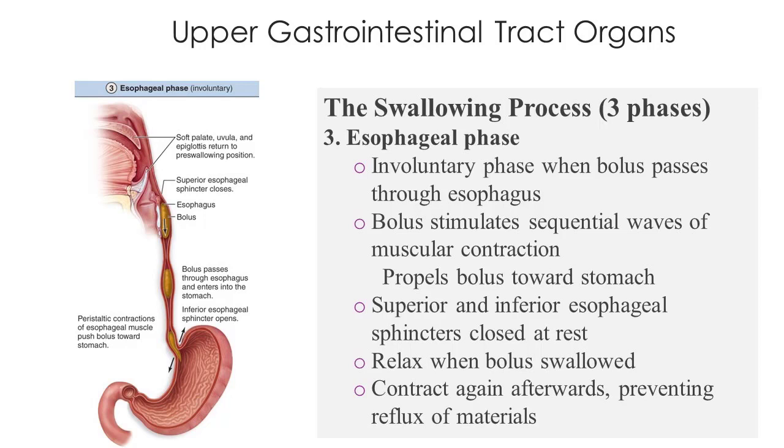You can initiate a swallow, but can you stop it? No. If you ever tried to stop a swallow mid-swallow, it's not pretty. Okay? Swallow's going to happen. So once we're in the esophagus, this is where we're going to start those wave-like muscular contractions of peristalsis as we move toward the stomach. And it's not going to stop until we get in the stomach.